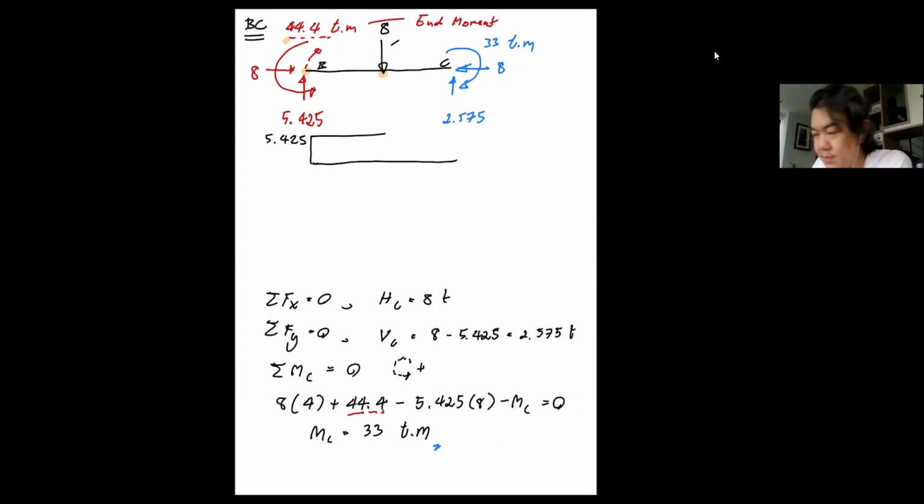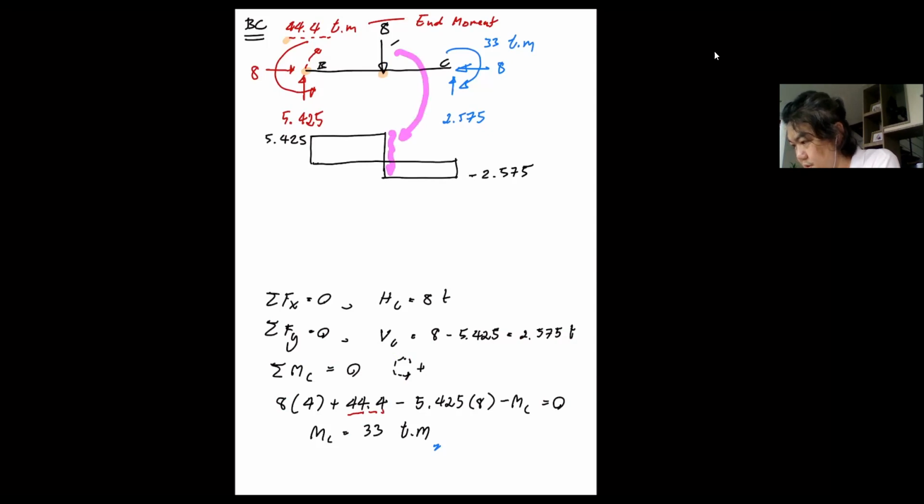So it's a straight line until it meets with the point node here. So it comes down to minus 2.575.